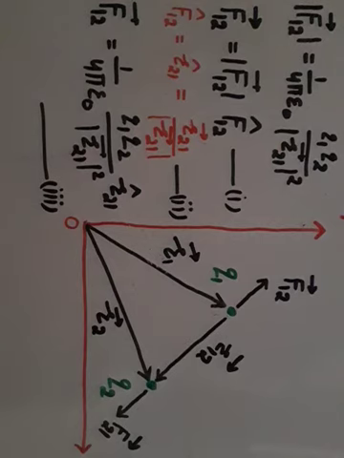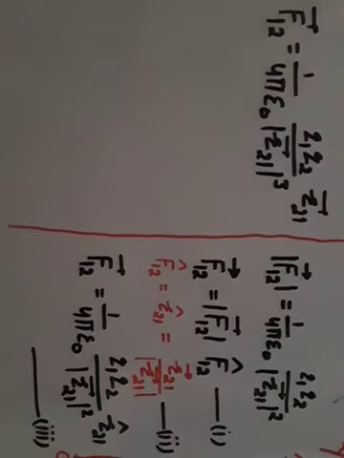Using relations first and second, we can find relation third. So the final relation is given: F12 is equal to 1 upon 4 pi epsilon naught Q1 Q2 divided by the cube of the magnitude of R21, multiplied by vector R21.